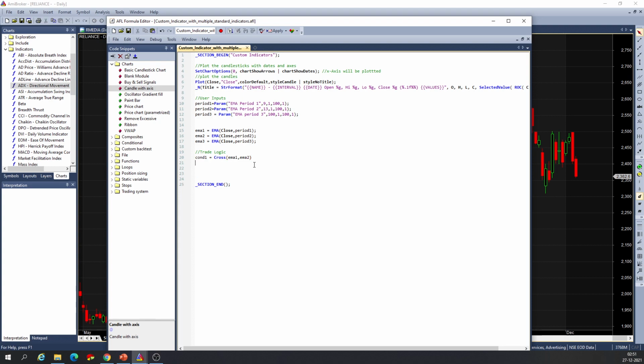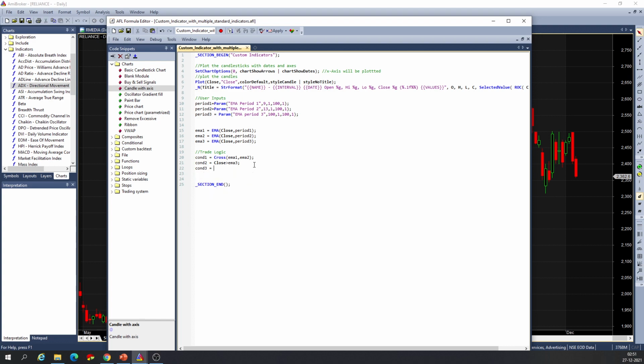This is our condition number 1. All right, now the second condition is close has to be above EMA3. As I discussed, we will be taking buy trades only when the current close price is above the EMA 100. Otherwise, we don't take any trades. So this is our condition 2.